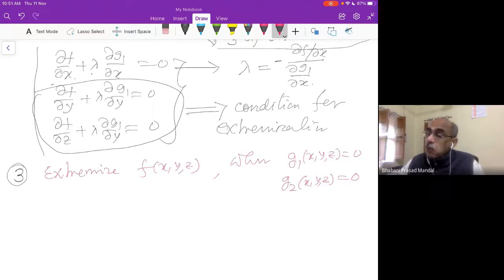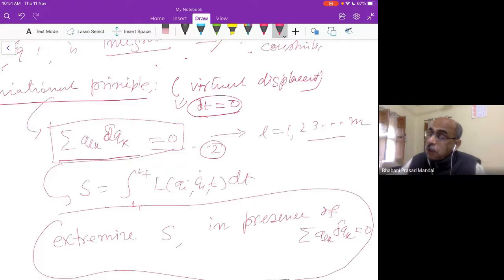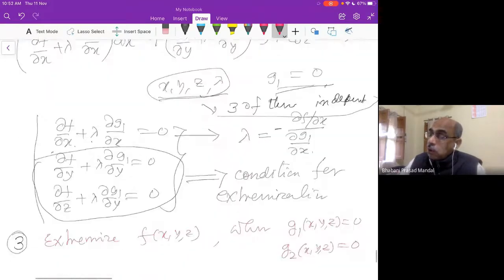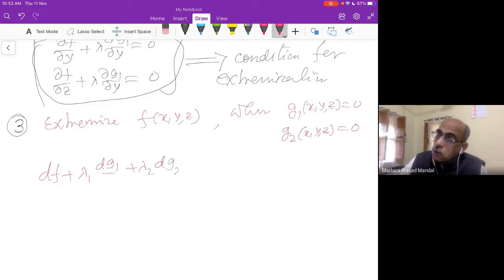We have to deal with this number of conditions, and I have to extremize this. That mathematics we are developing through this multipliers method. So immediately I can say df plus lambda 1 dg1 plus lambda 2 dg2 should be 0. This will be my condition.